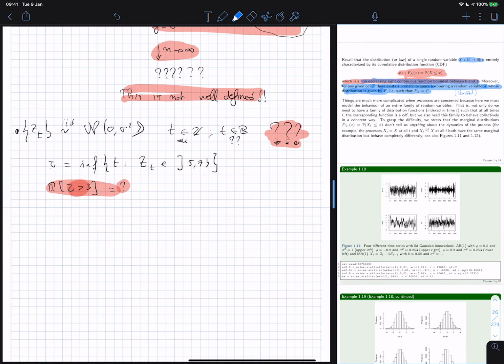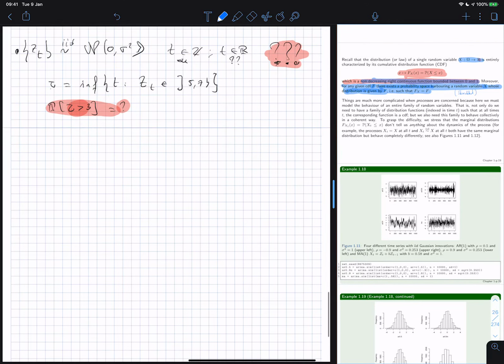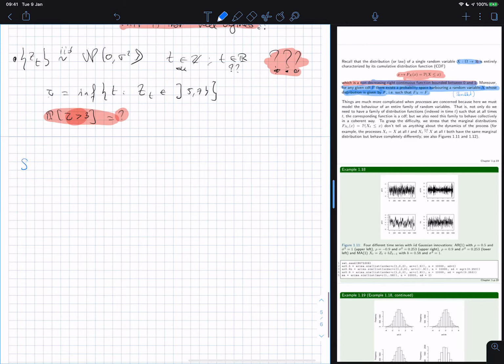You may or may not remember this result. If you don't, it's really worth revising. It's the basis of all simulations, in fact. So if F is a CDF, so that's what?